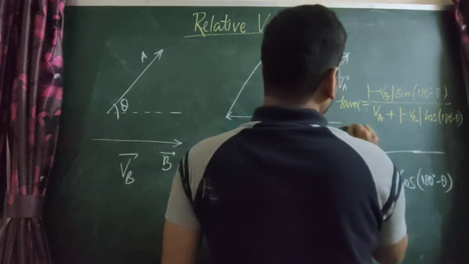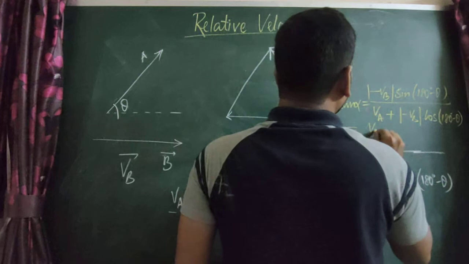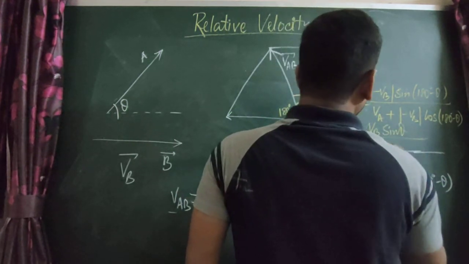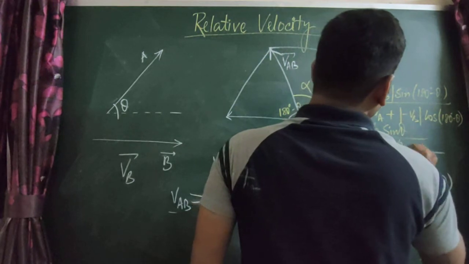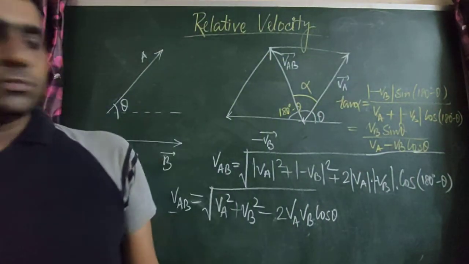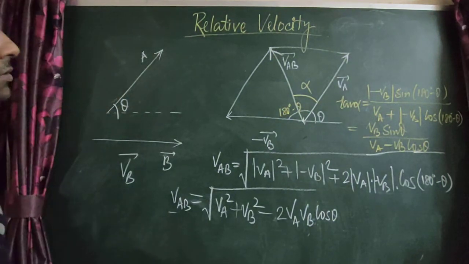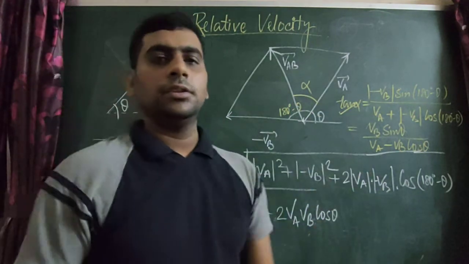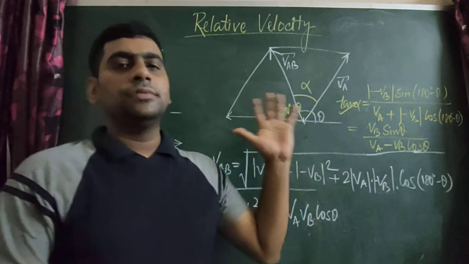If we calculate this, it comes as VB sin theta by VA minus VB cos theta. So this is the direction of the vector which you are getting. Hope this is clear to you.